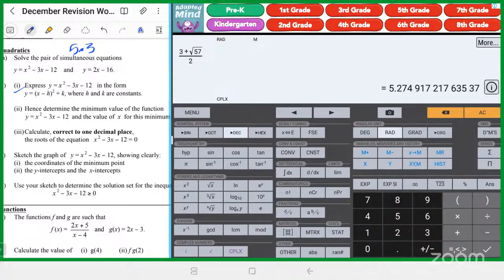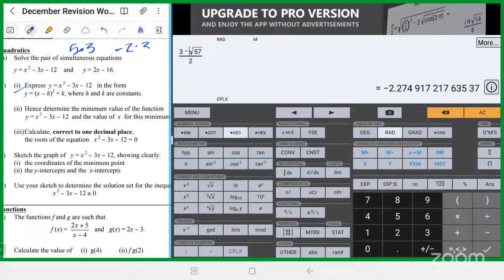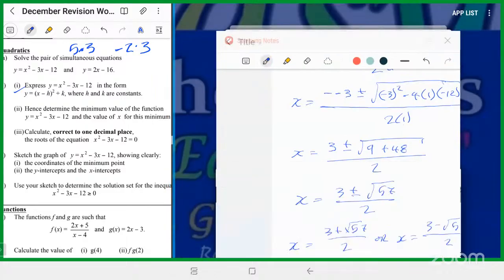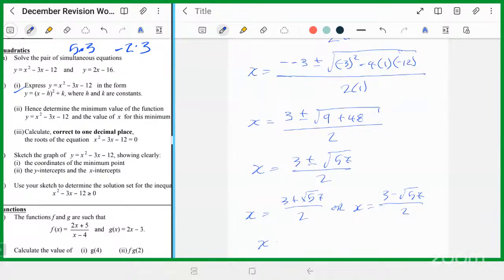If I change that plus to a minus, then it becomes negative 2.3. Correct to one decimal place. So we can go back to the work and write x equals 5.3 or x equals negative 2.3. Those are two x values.